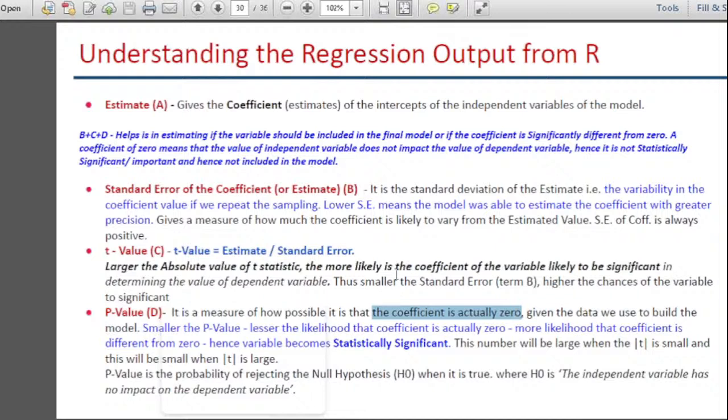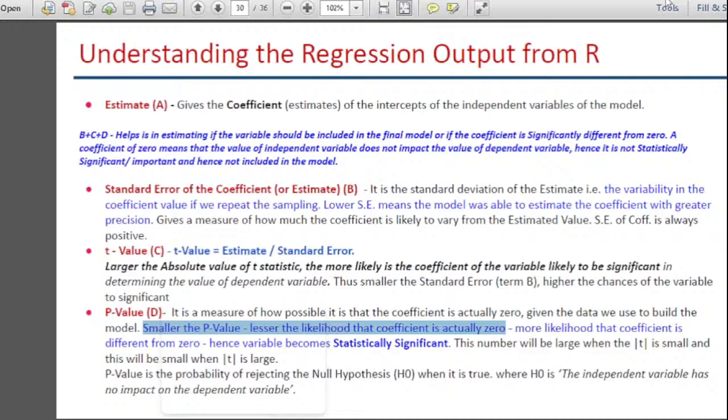So the smaller the p value, the lesser the likelihood that the coefficient is going to be 0. The p value is the probability of the coefficient being 0, so a smaller p value means the variable will be more significant. Yes, everyone agrees to this.